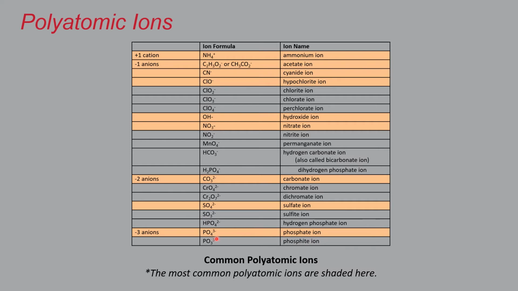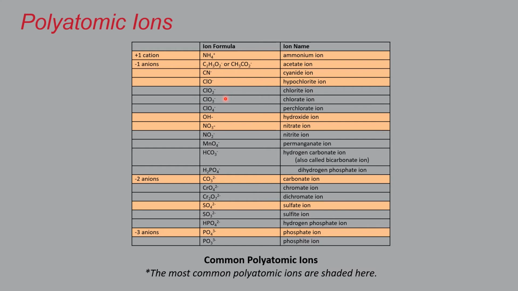For example, with phosphate you've got 4 oxygen atoms, and in phosphite you've got 3. Sulfate seems to have a similar pattern, right? Sulfate has 4 oxygen atoms and sulfite has 3, but you don't see that trend everywhere, because chlorate, in this case, has 3 oxygen atoms and chlorite has 2.